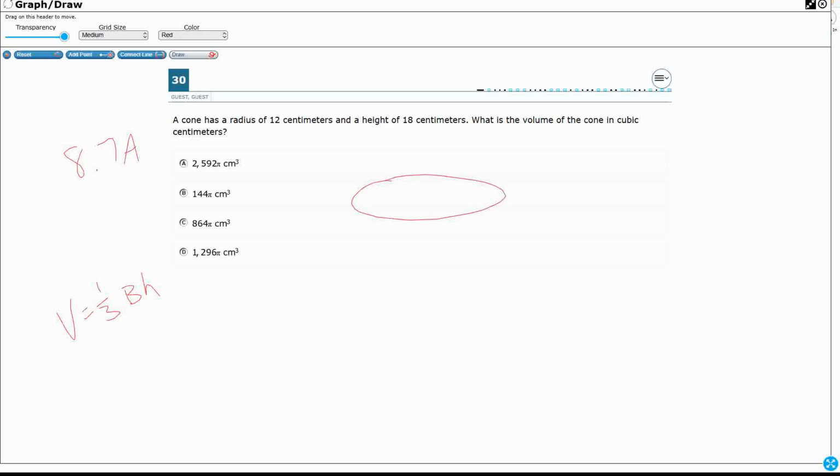V equals 1/3 base times height. So here's my cone. Let's visualize it here. So I've got a radius of 12, and I've got a height of 18 centimeters. All right, so let's see what our formula is. This B is always the area of the base. And when we're talking about a cone or a pyramid, we're talking about the flat part that the object sits on.